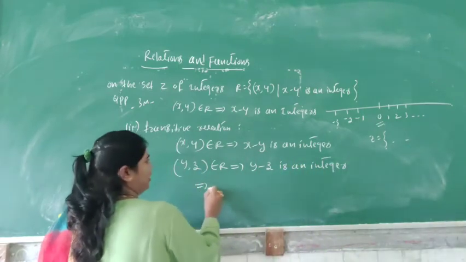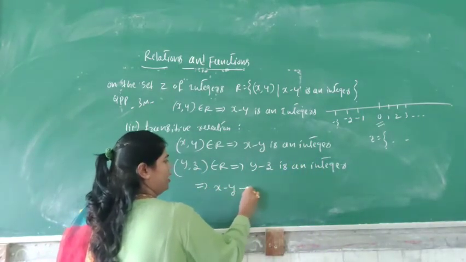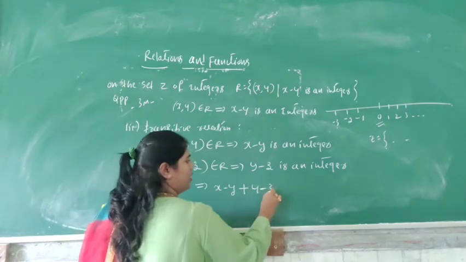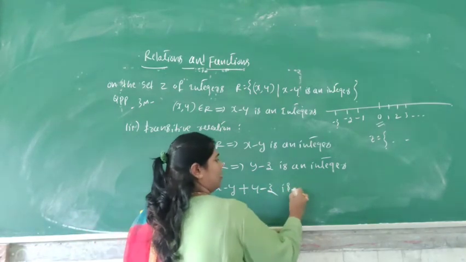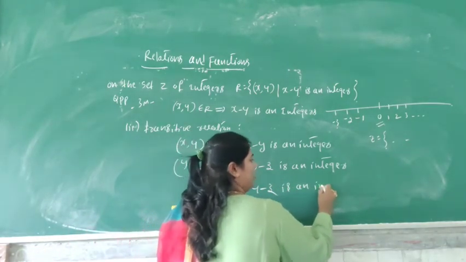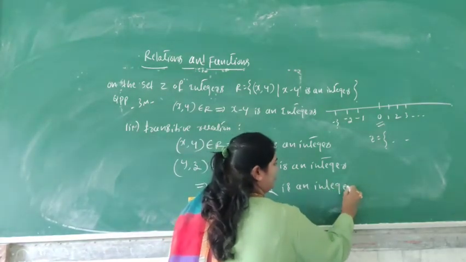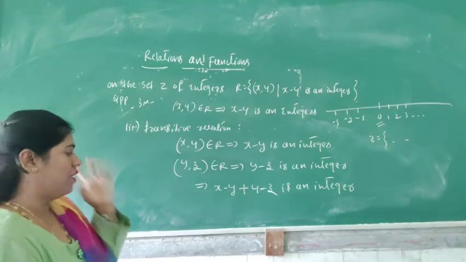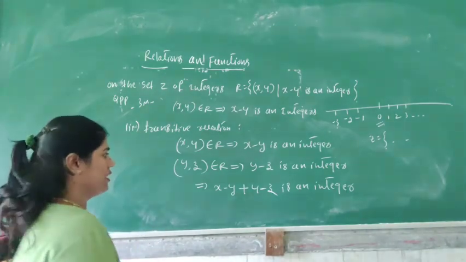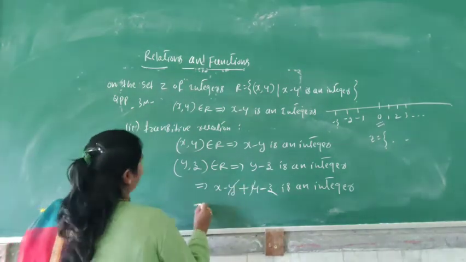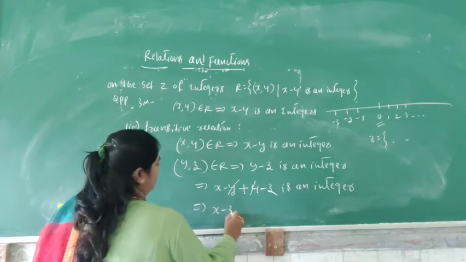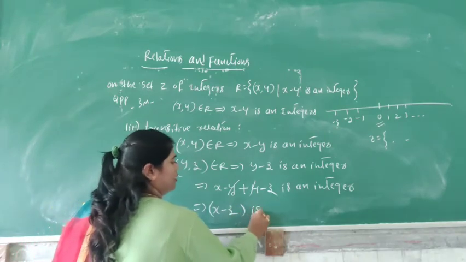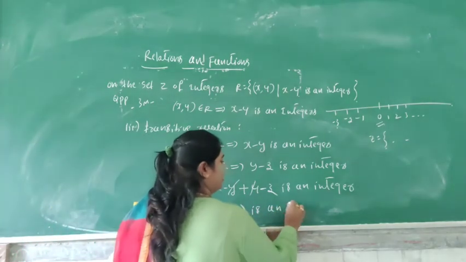It implies x minus y plus y minus z is an integer. So it implies x minus z is an integer.